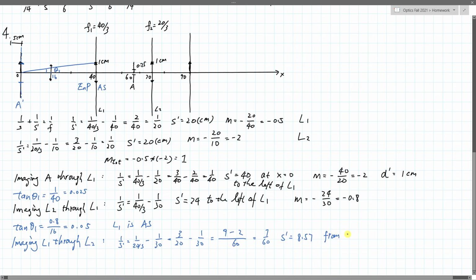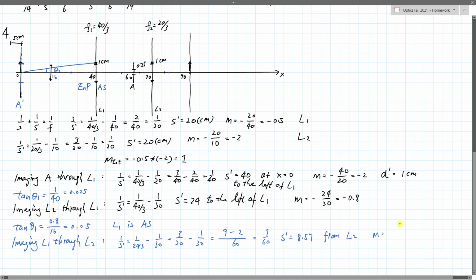From L2. Okay, so we've got to keep that checked from where, so from here. So 8.57. So this is 5, 10, so 7.5, 8.7, okay, roughly here. Okay, so what about size?